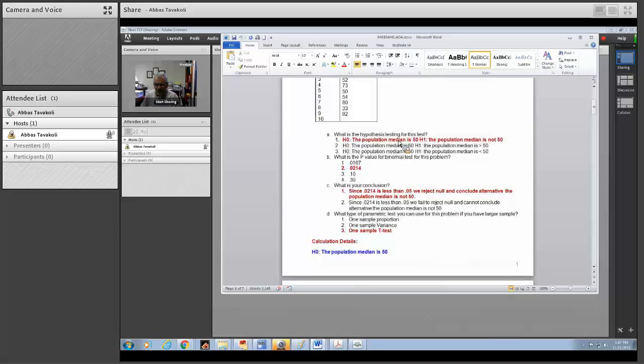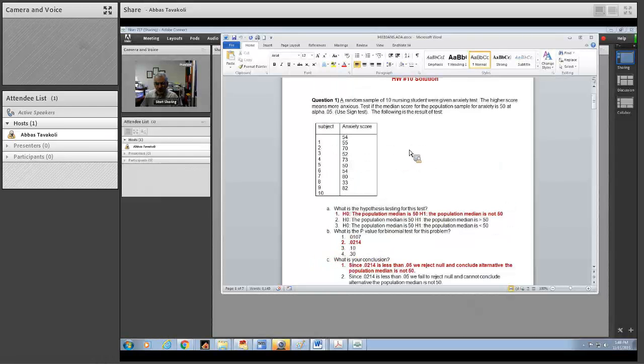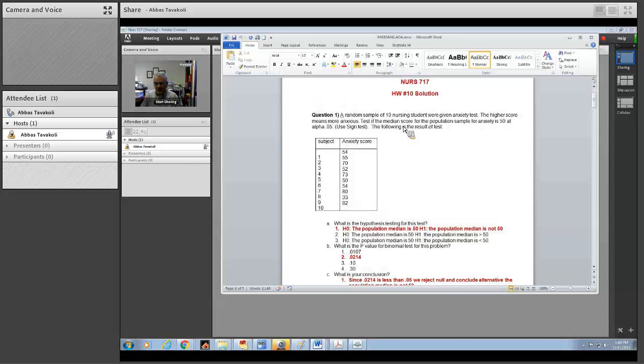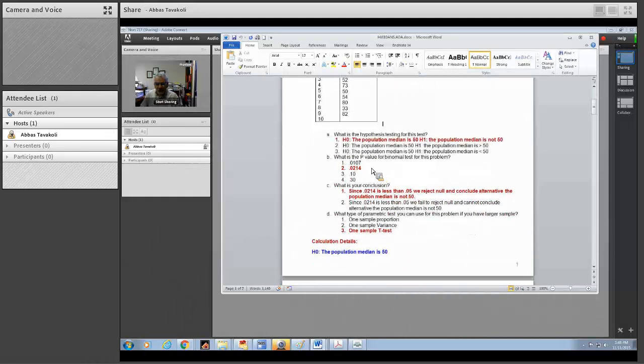What hypothesis you're going to use is, because the question says they test the median score, the population median is 50, versus the population median is not 50. And what is the p-value for the binomial test for this problem?